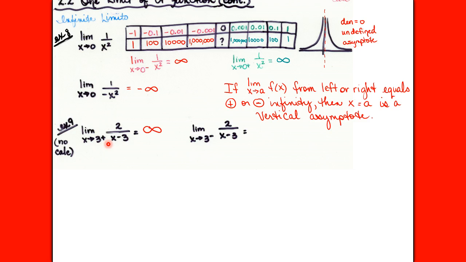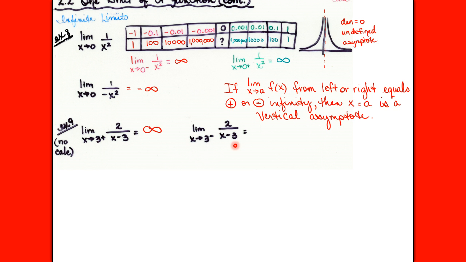All right, but look at this one. If I'm approaching 3 from the left-hand side, the numerator is still staying the same, not changing. But my denominator, I would be using values like 2.9, and then 2.99, and then 2.999, right? So if I do 2.9 minus 3, that's going to be a negative 0.1.